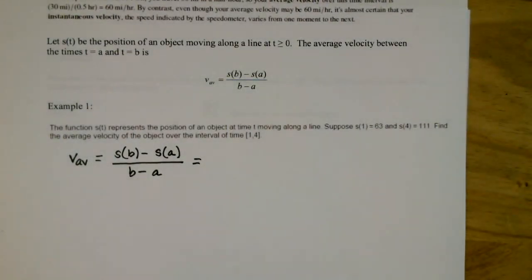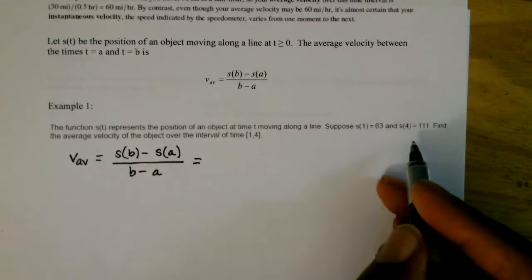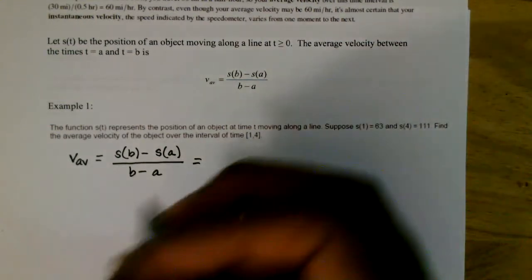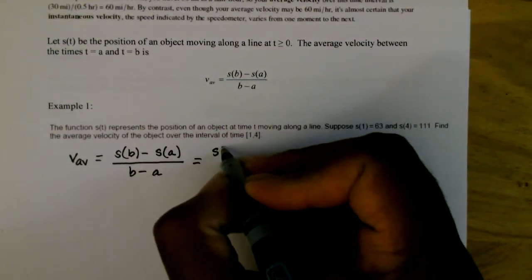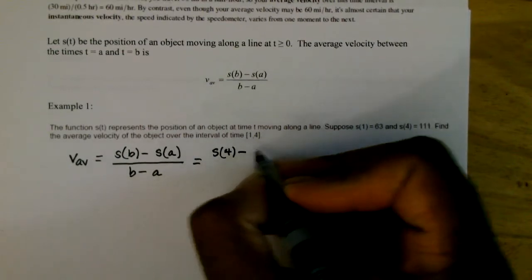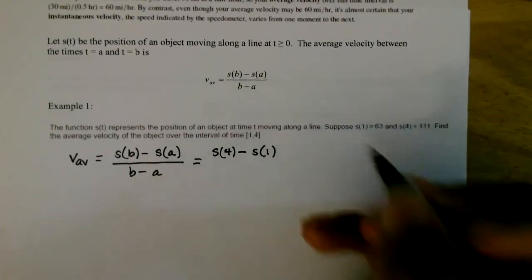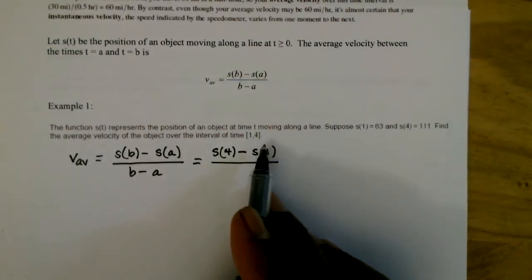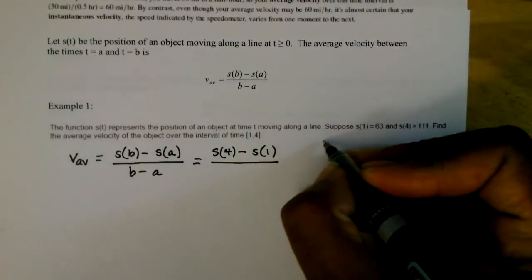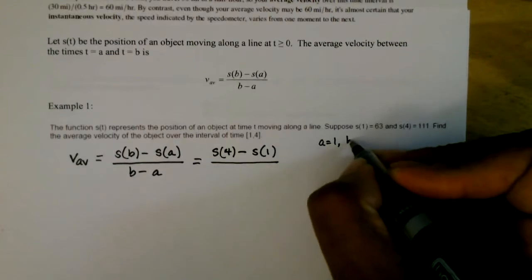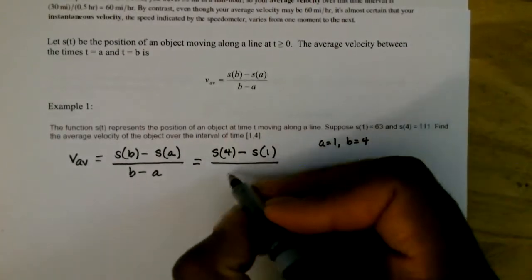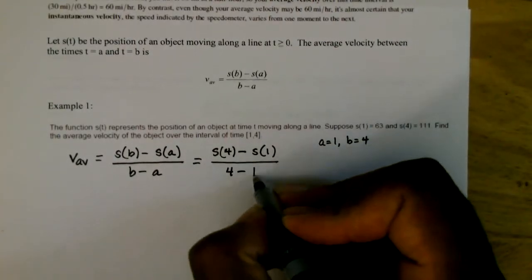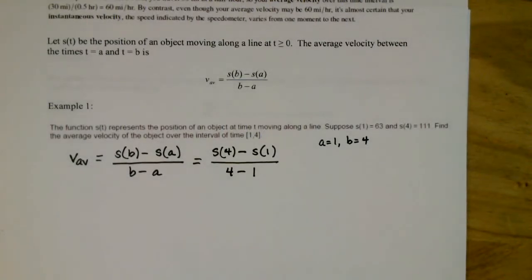Now we're told what s(1) is and s(4) is. So we're going to do s(4) minus s(1), and that's divided by 4 minus 1. This means that a is equal to 1 and b is equal to 4, because the interval is just from a to b.